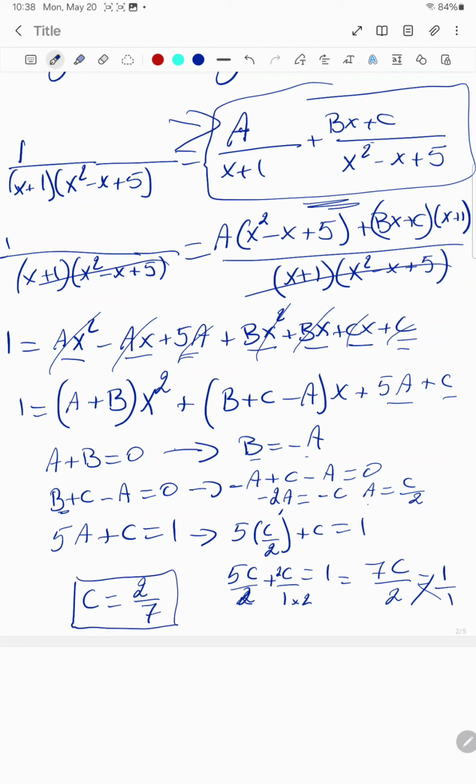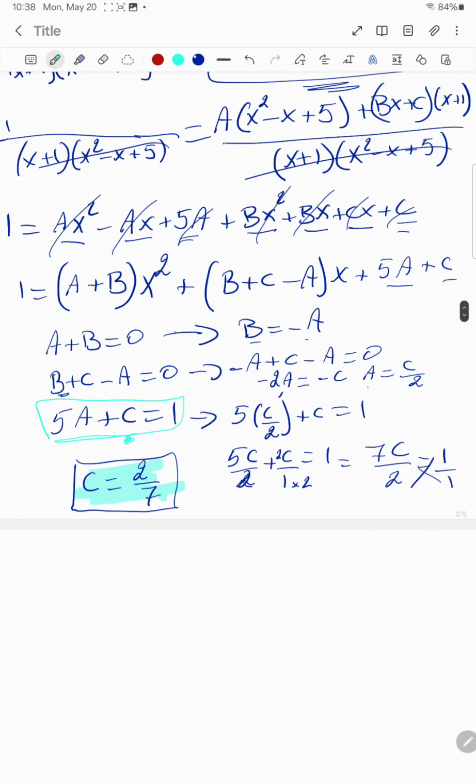So now this I would need, so I'm highlighting it. Because I know c is equal to 2 divided by 7, I can replace c in that formula here, 5a plus c equal to 1. So this will give me 5a plus, instead of c, I will write 2 divided by 7 is equal to 1.